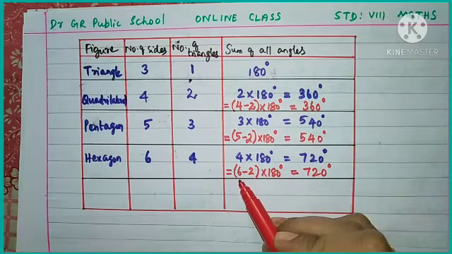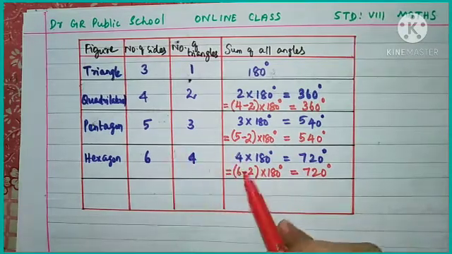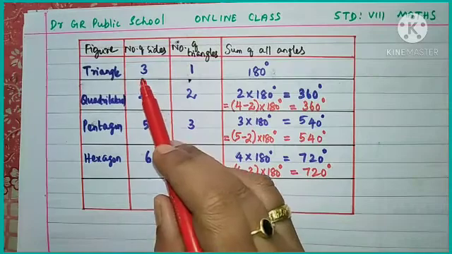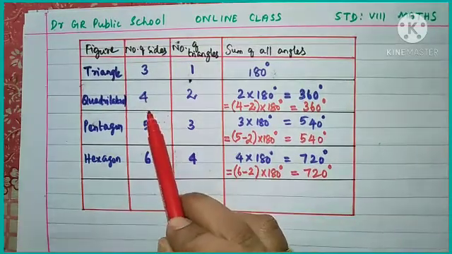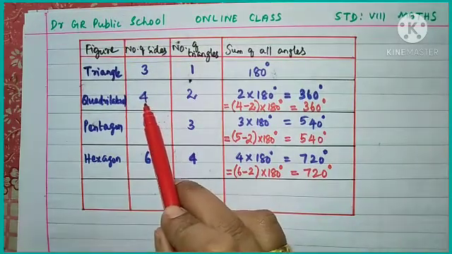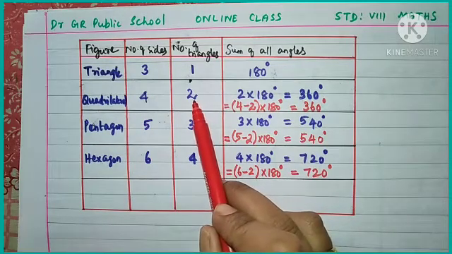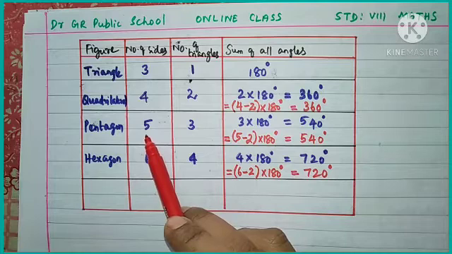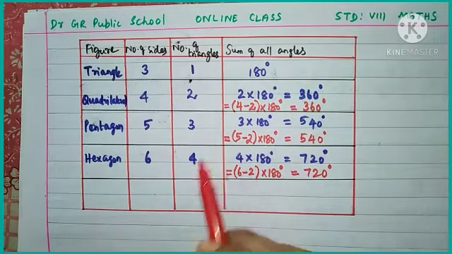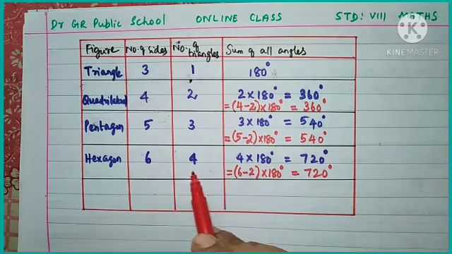Okay, see here, you see here 4 sides. 4 sides are there in a quadrilateral. How many triangles are formed? 2 triangles. 5 sides, 3 triangles. 6 sides, 4 triangles.